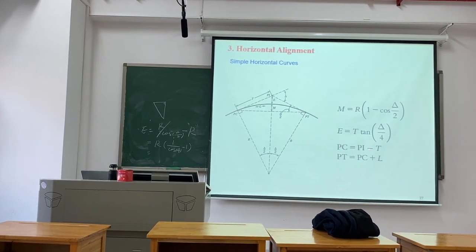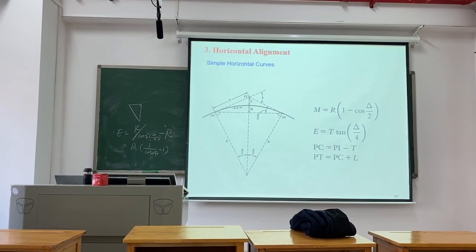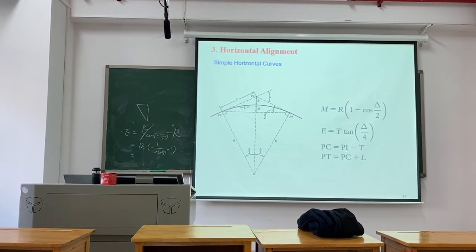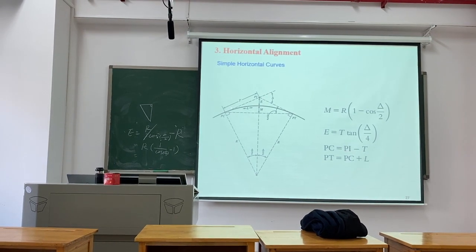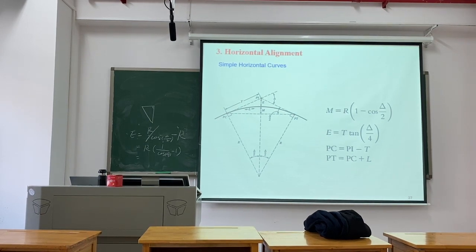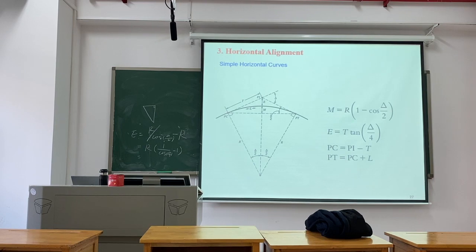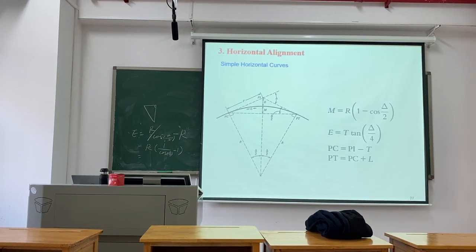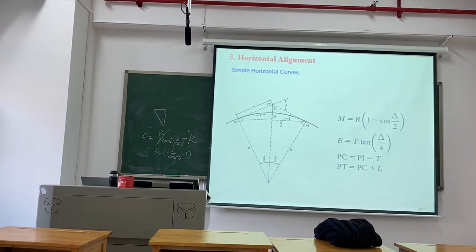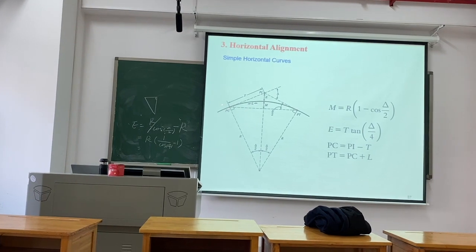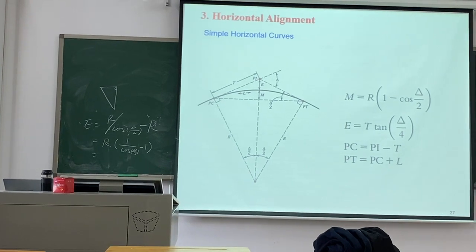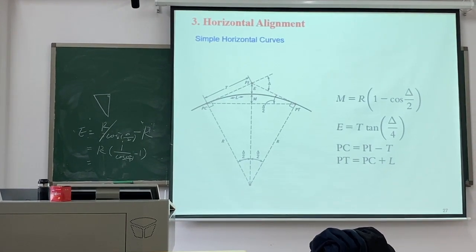For the stationing, we can use this equation to calculate PC: PI minus T. Then PC plus T is equal to PI.